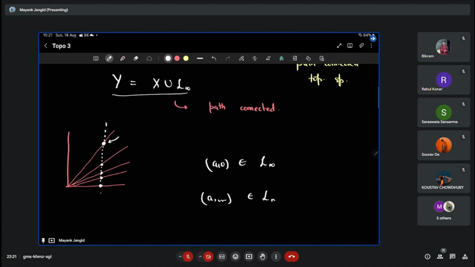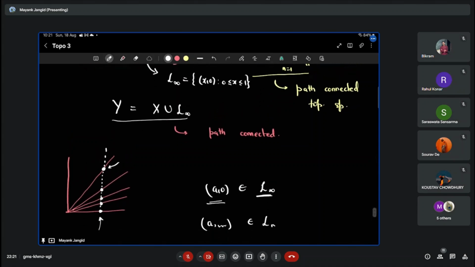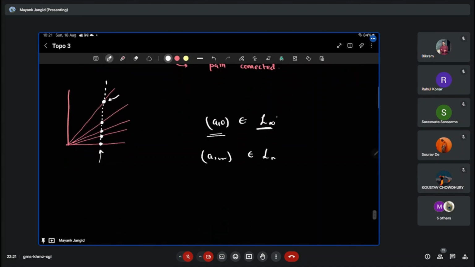The limit of these points is this point (a, 0) in L infinity. So what I'm basically trying to say is this point (a, 0) in L infinity is a limit point of X.